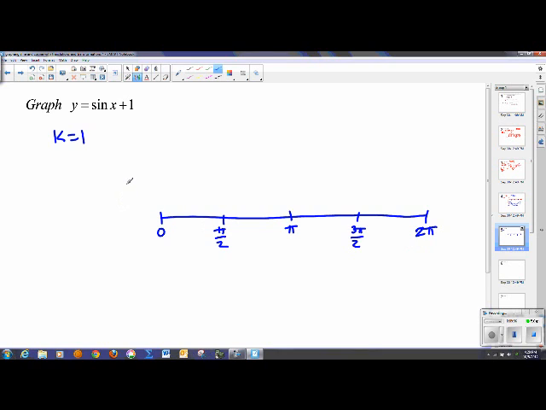And rather than going from 1 to -1, I have a k value of 1, which means I'm sliding up 1. So in this case, we will draw our midline right at 1.